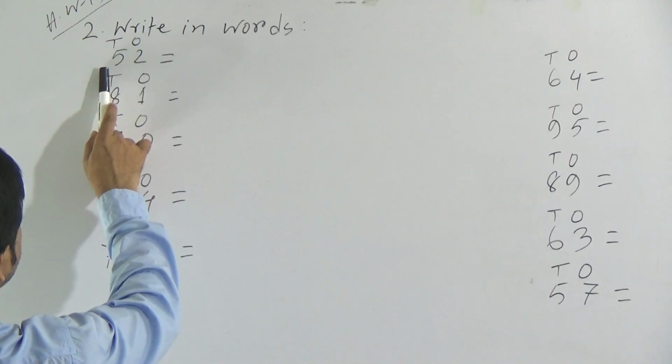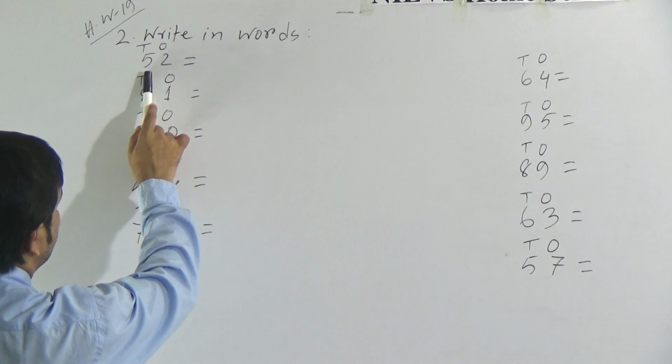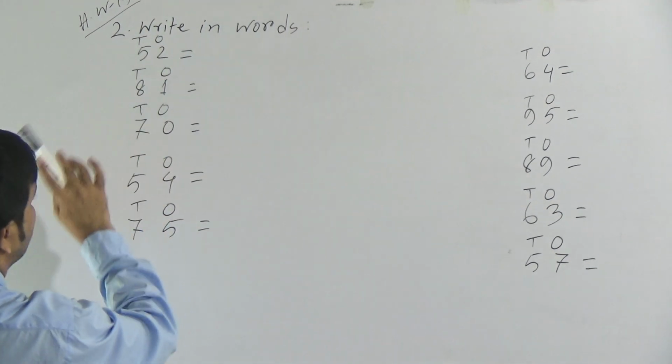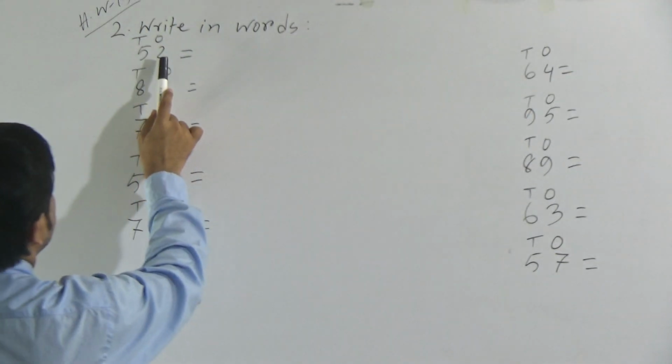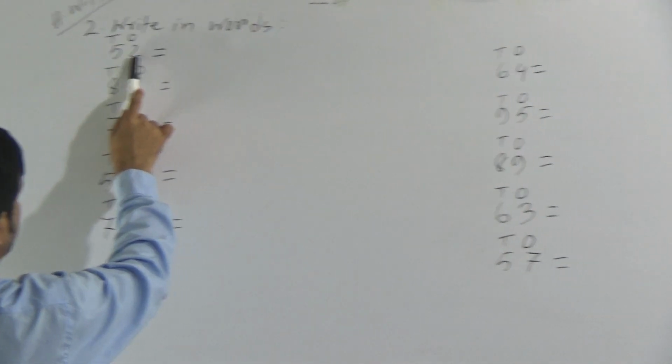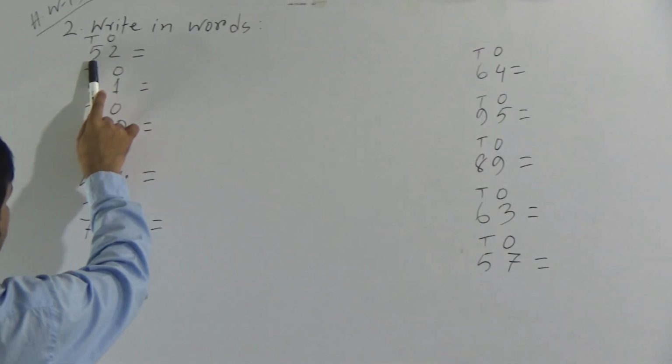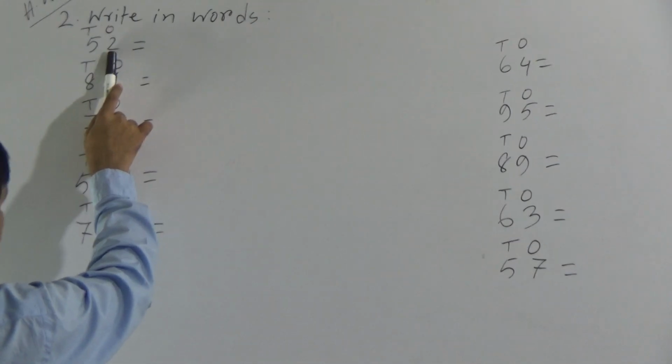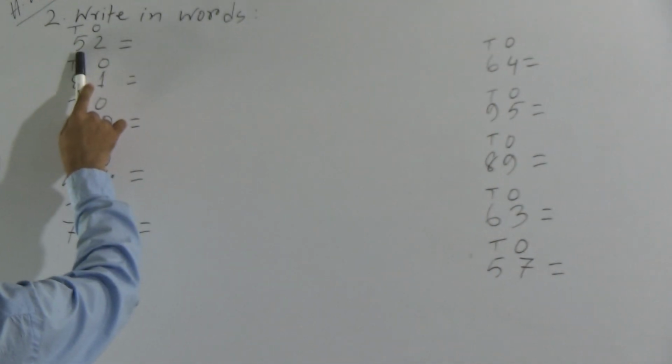First number is, here dear students, I have written the numbers containing 2 digits. Here, this is known as ones position, this is tens position. So, ones position is 2 and tens position is 5.